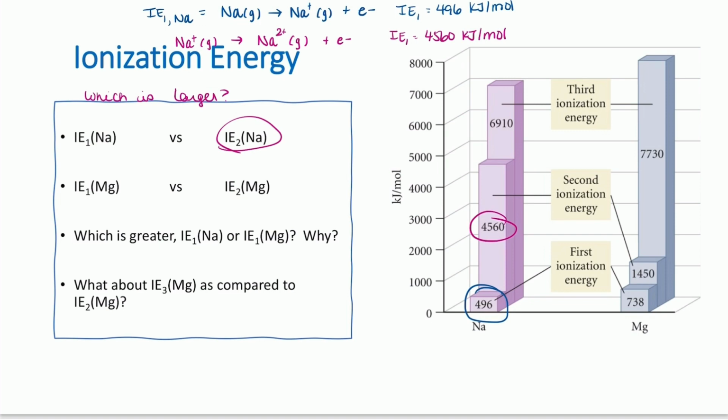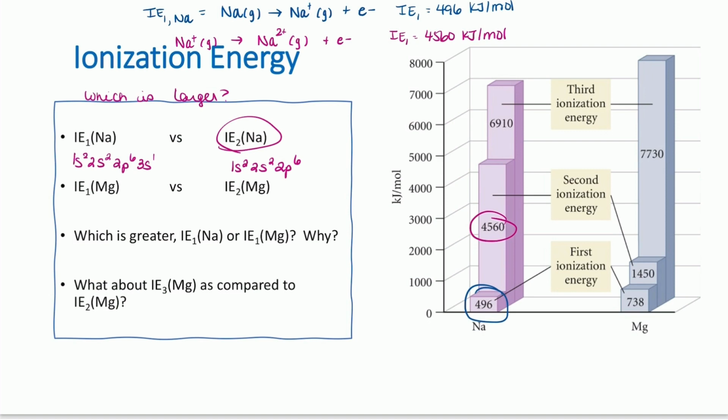I want you to think about how this atom or ion is constructed. What do we have here? Think about your electron configuration. Sodium has an electron configuration 1s2, 2s2, 2p6, 3s1. Sodium 1s2, 2s2, 2p6, or Na+, sorry.